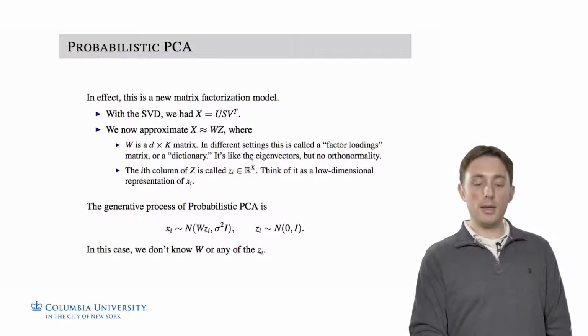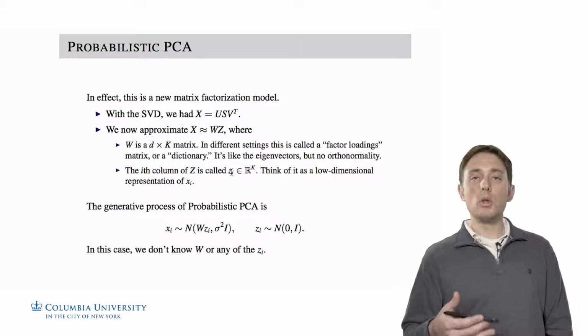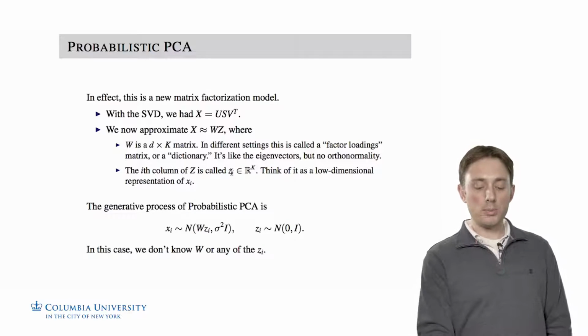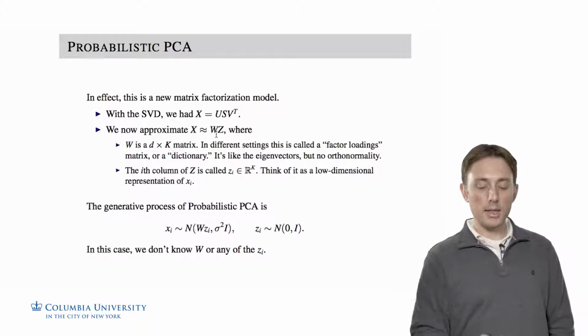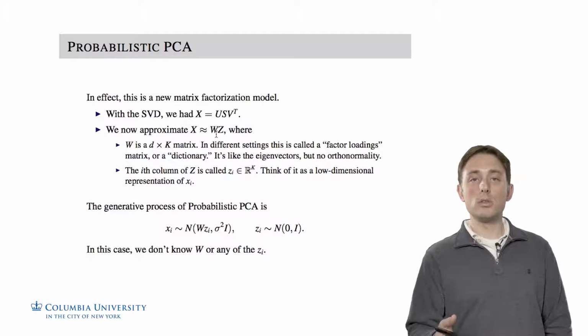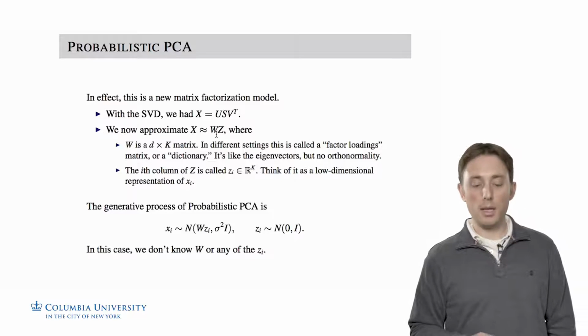We're going to think of z_i as the low-dimensional representation of the corresponding value x_i in X. So if the ith column of X corresponds to the ith data point, the ith column of Z corresponds also to the ith data point, except projected into a lower k-dimensional space.